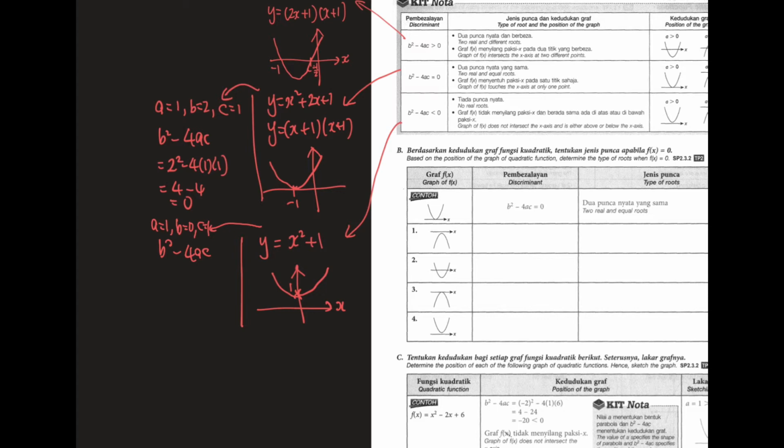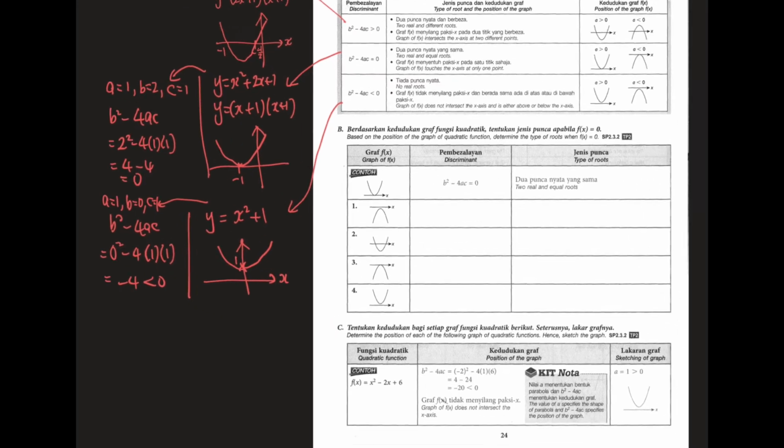So 0 squared minus 4 times 1 times 1 equals negative 4, less than 0. So b squared minus 4ac less than 0 means no real root. You see, the graph never touches or crosses the x-axis.